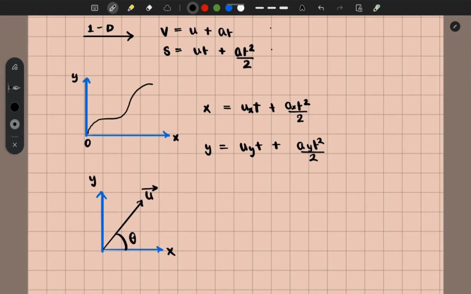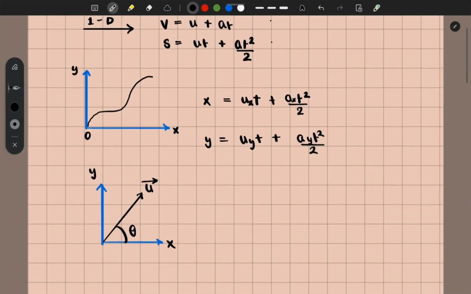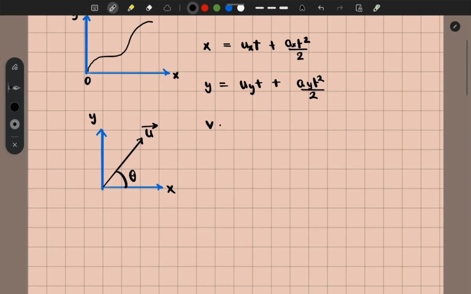Before that, we first need to define velocity in x and y. So just like we did in the case of position, we can define velocity as vx is equal to ux plus ax t, and vy is equal to uy plus ay t.